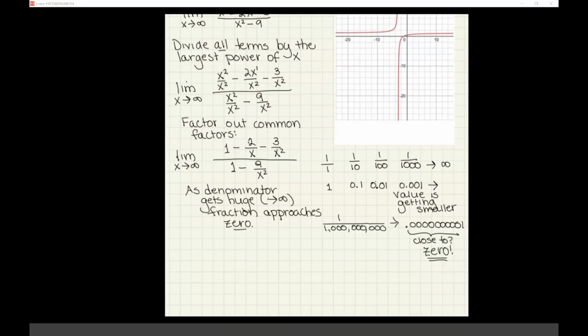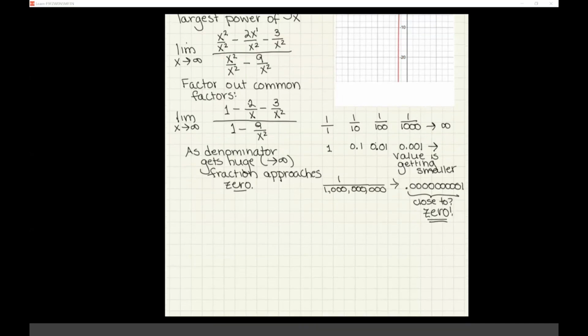Okay, usually the way this is written in a calculus book, it's written like this. The limit as x approaches infinity of 1 over x equals 0.